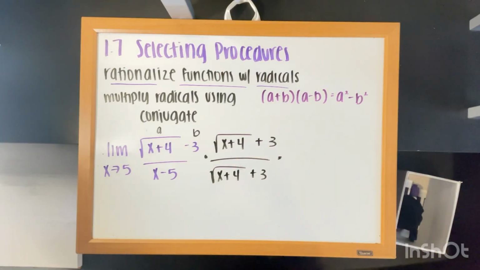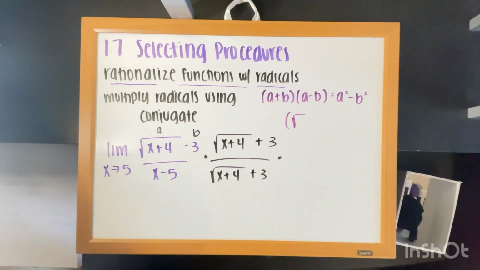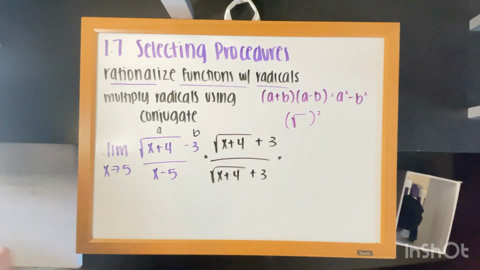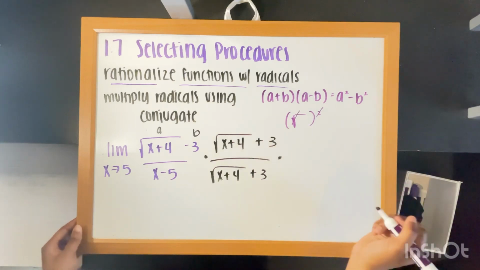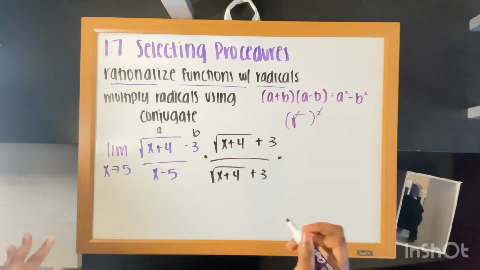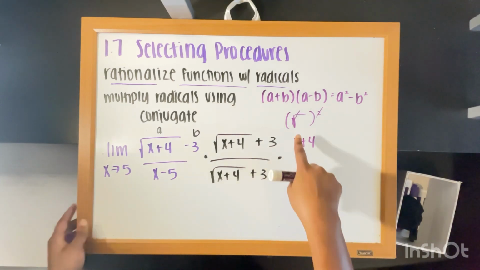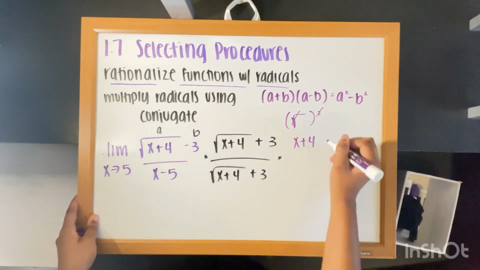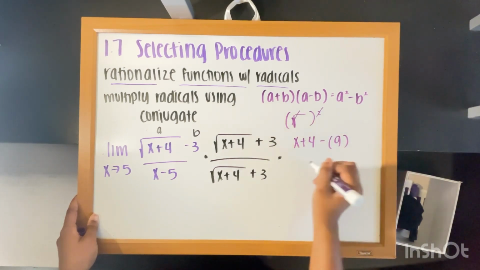Now, if I multiply two square roots together, I would get a square root squared. As you know, a square root squared will cancel out. So when I rewrite this, I will just have x plus 4. However, I do have to also square the 3. So I would get x plus 4 minus 3 squared, which is just 9.